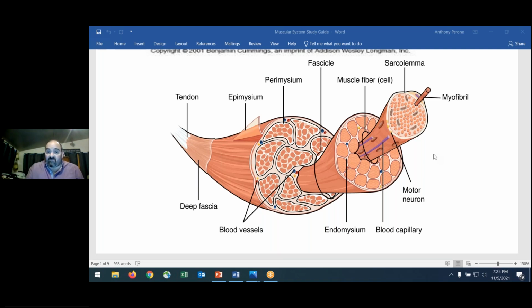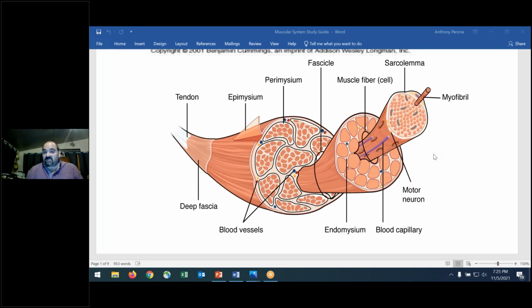Fascicles are comprised of muscle fibers, also known as muscle cells, okay? And the muscle fibers are composed of many myofibrils. And the myofibrils are composed of many myofilaments, actin and myosin, okay?